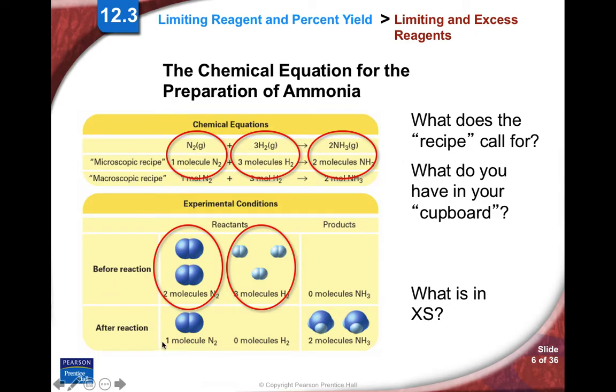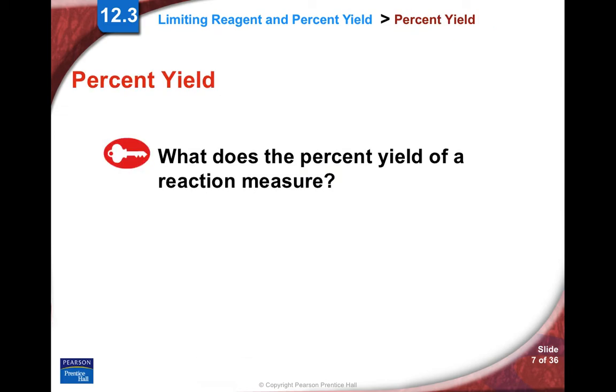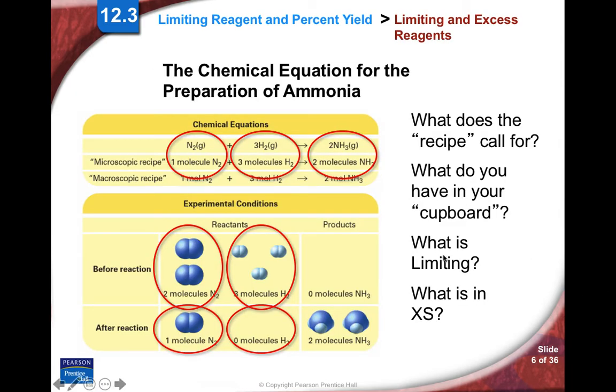Well, hopefully, after the reaction, you can see there's going to be a nitrogen molecule left over. There won't be any hydrogens left over, and you will only be able to make 2 ammonias. Going back to our definition, the limiting reagent then is the hydrogen. If we had more hydrogen, we could make more ammonia because there's more nitrogen available.